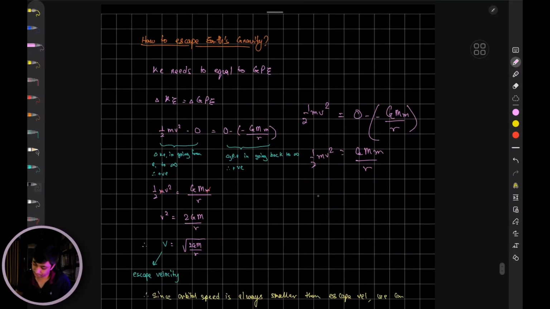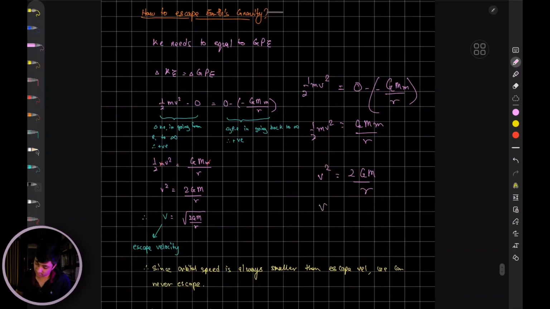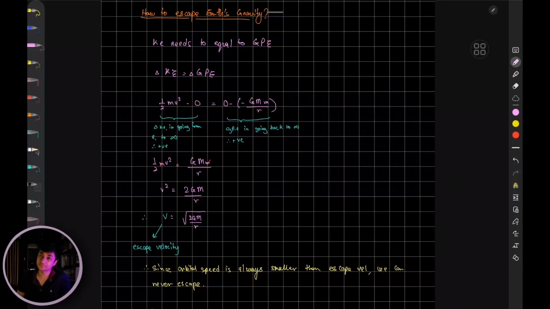Ultimately, to find the escape velocity, if you make v the subject, v squared is 2GM by r. So v is root 2GM by r. This v is your escape velocity. If the satellite has this velocity, it will escape Earth's gravity.